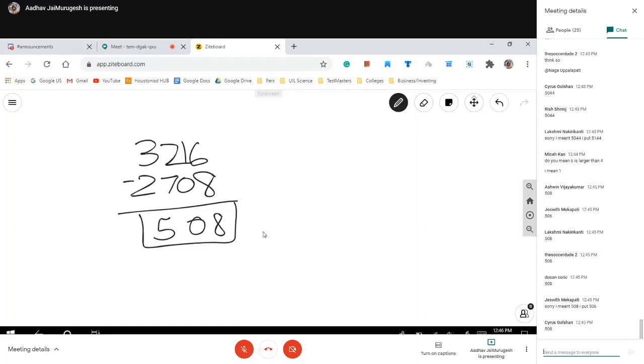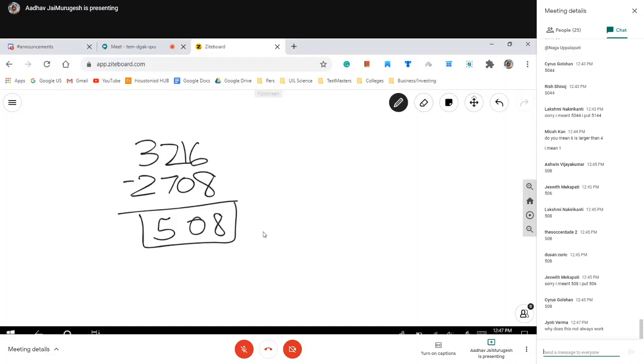That is the answer, guys. The answer to that question is going to be 508. So no carrying over, no crossing out stuff, no jumbling your mind. Just simple, simple, simple multiplying.